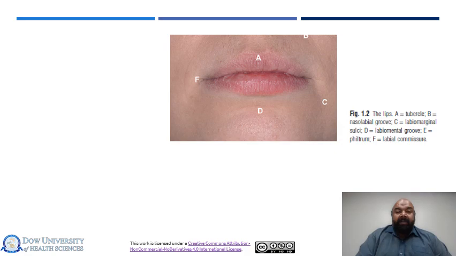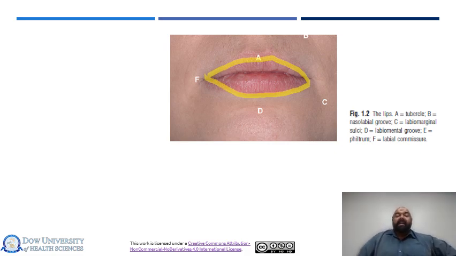The area where the lips are found is known as the vermilion border. Now I'm encircling the vermilion border, and whatever is inside this vermilion border is known as the vermilion zone. And this is a feature characteristic of humans, which is not present in any other mammals.